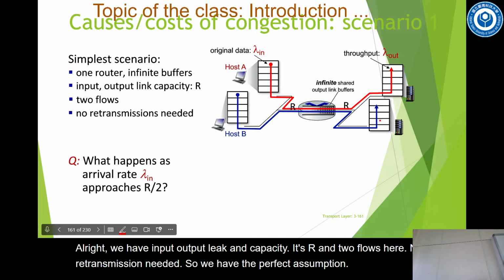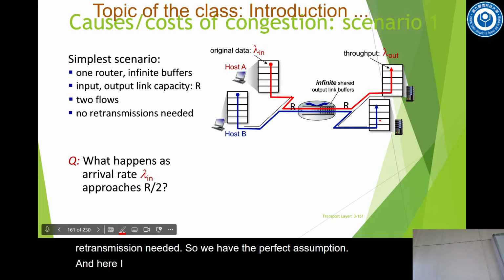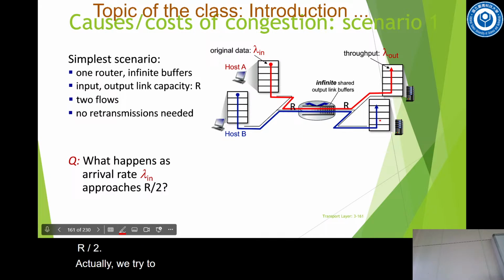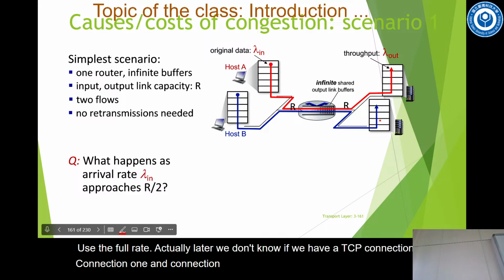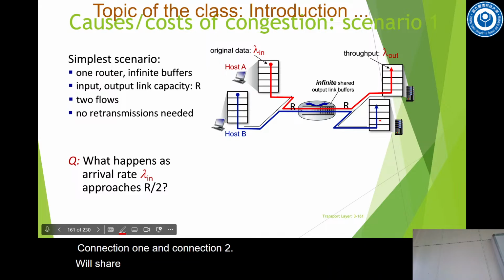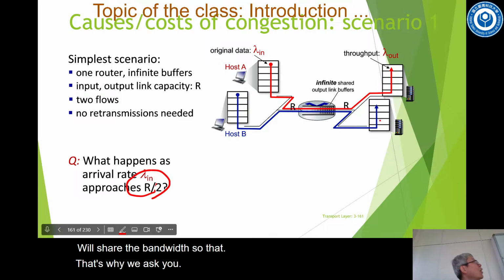And here, we want to ask you to check what happens as the rate increases to R over 2. Actually, we try to have the user's full rate. Later we will let you know that if we have a TCP connection, connection 1 and connection 2 will share the bandwidth. That's why we ask you about sharing bandwidth R over 2.